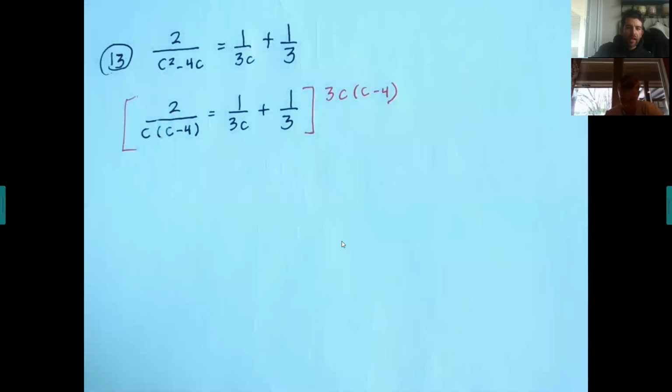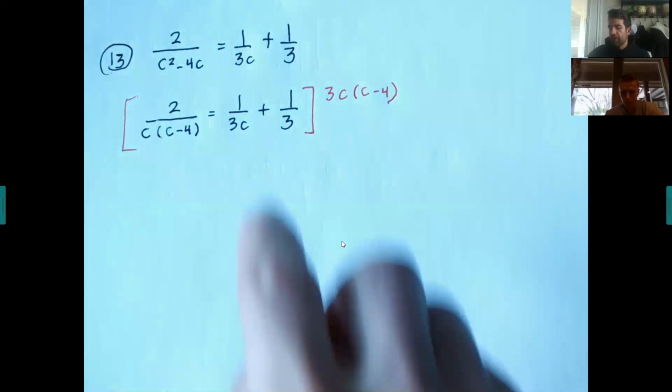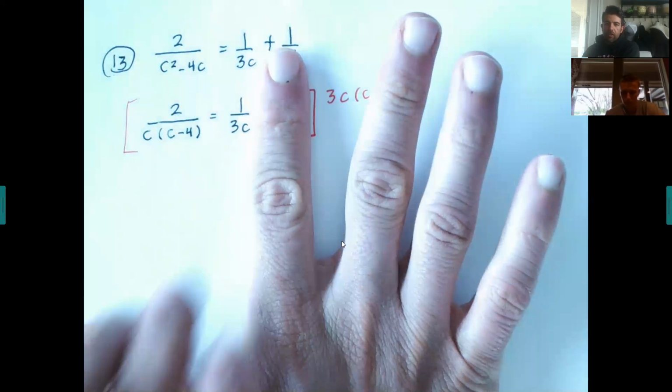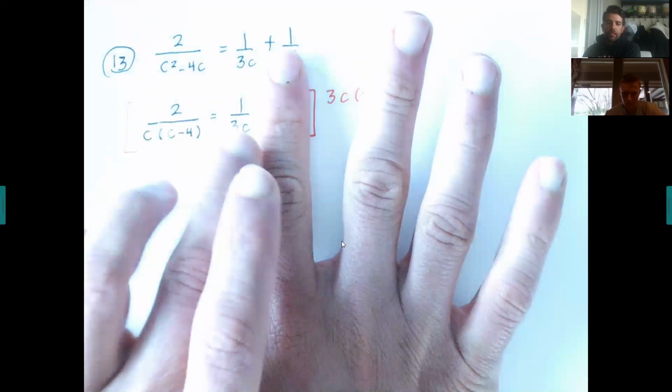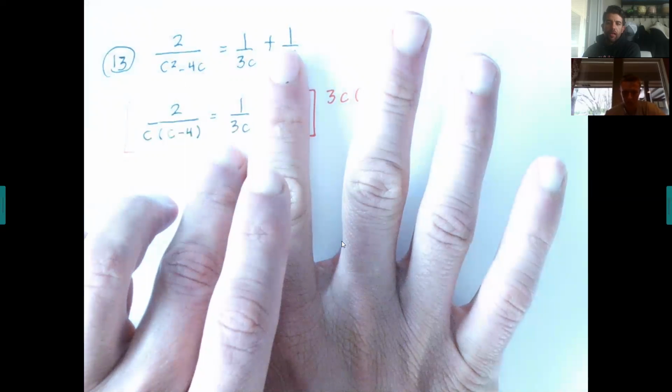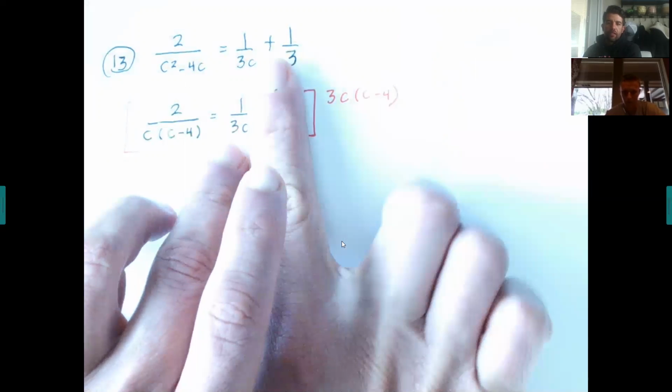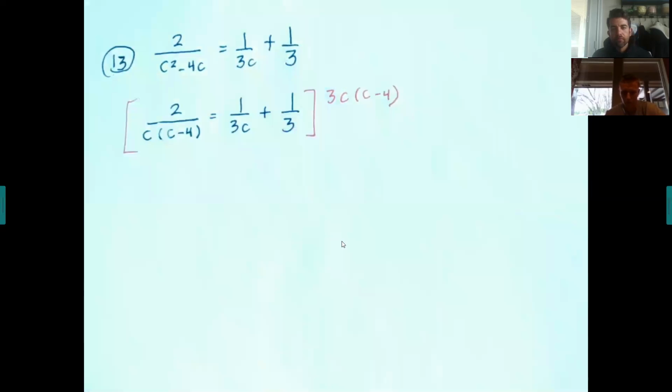Normally I have to do one at a time, right? I have a 3c here. Basically, if I were looking for the common denominator here, I would have to multiply this by 3 and this by c minus 4. So that would give me a common denominator of 3c times c minus 4. I think for a lot of you guys, this is going to be the most difficult step, finding that.